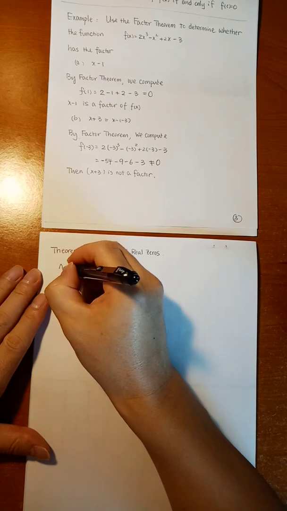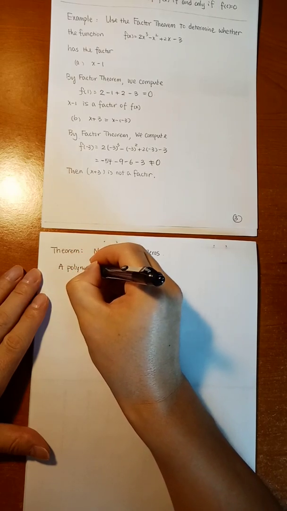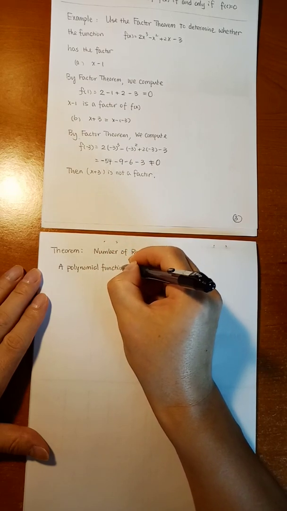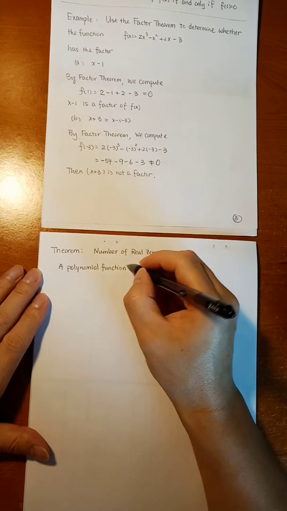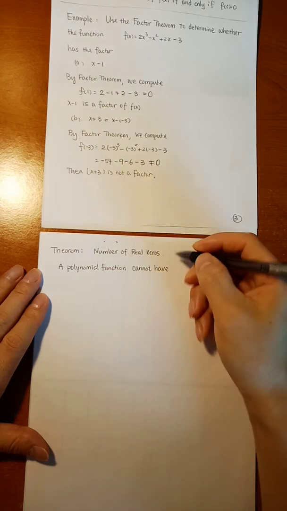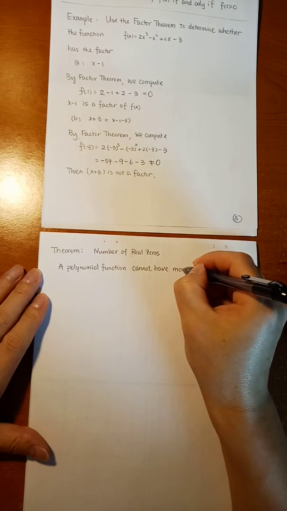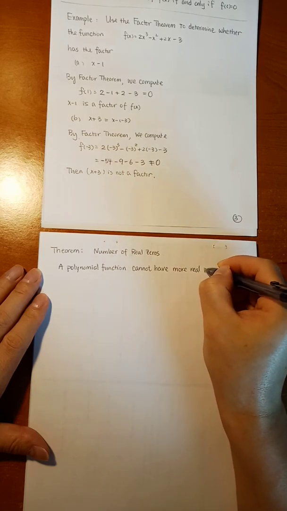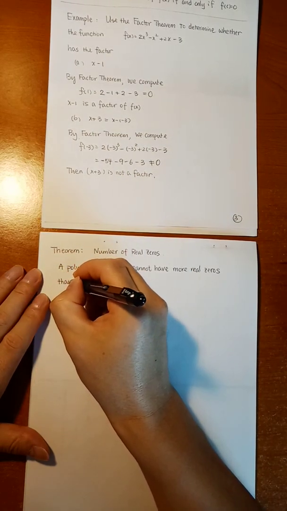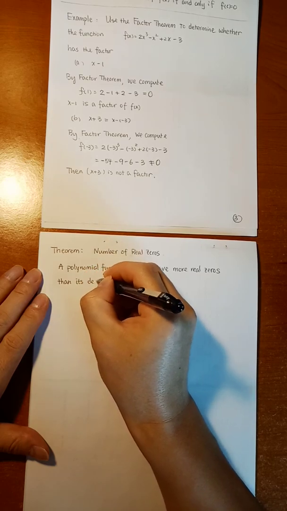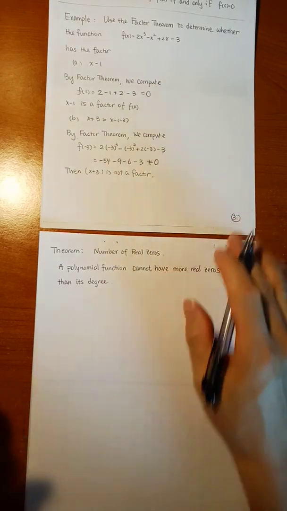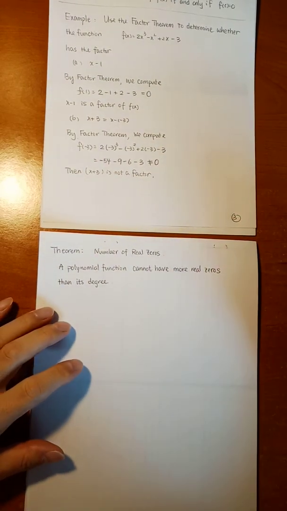It says a polynomial function cannot have more real zeros than its degree. So it means if you have a polynomial of degree 3, you cannot have 4 real zeros.